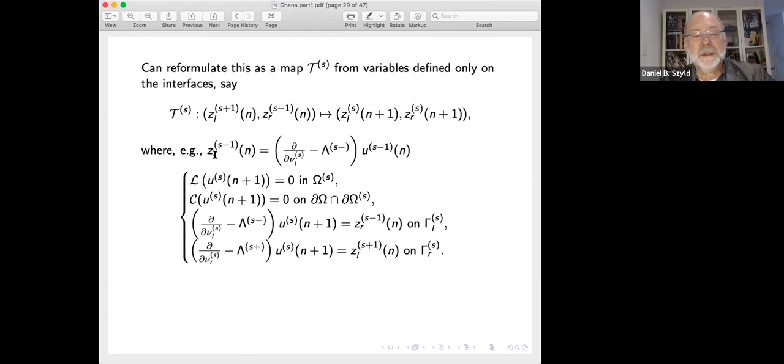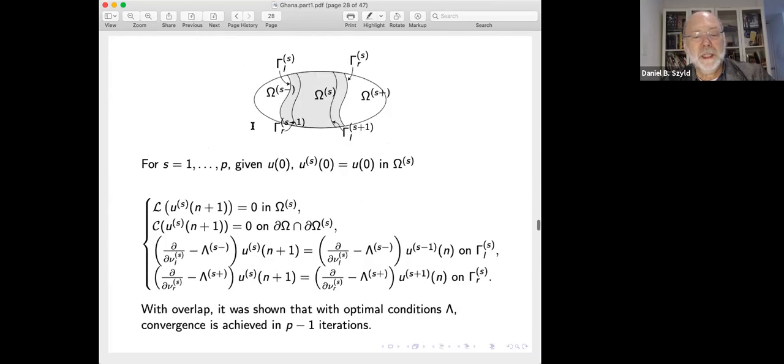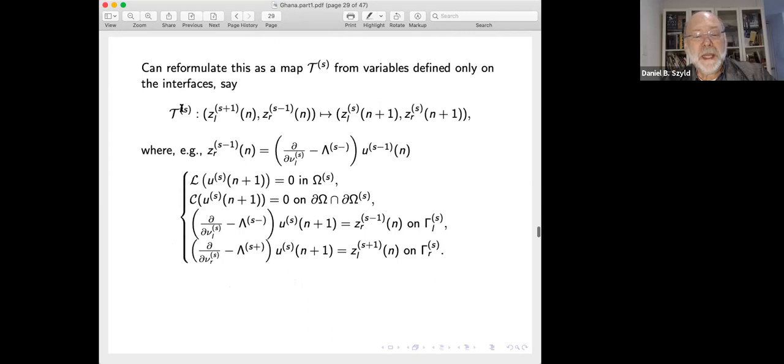So the variables Z are really the boundary conditions. The map says take boundary values, solve my local problem, produce new boundary values. Everything else is kind of irrelevant. So this is my iteration now.